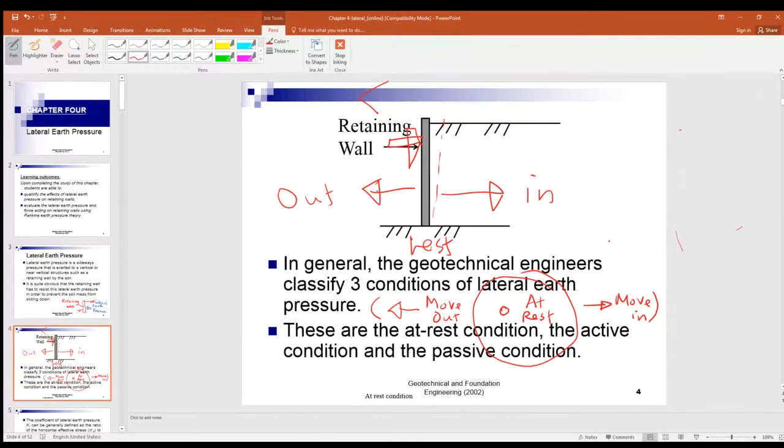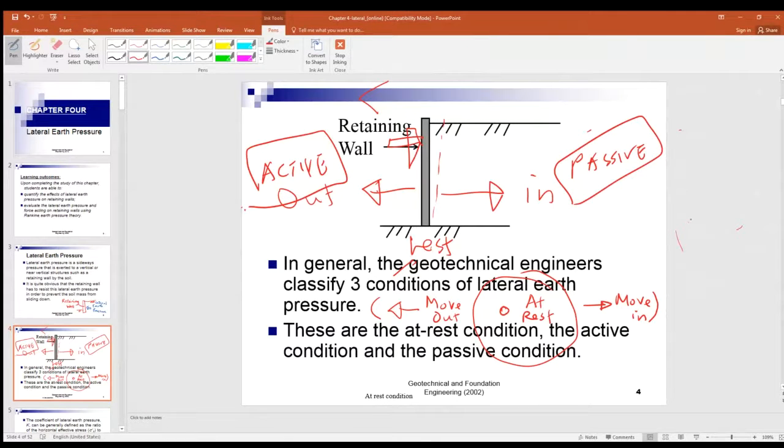Now, if that is moving out, we call it active, and that is passive.